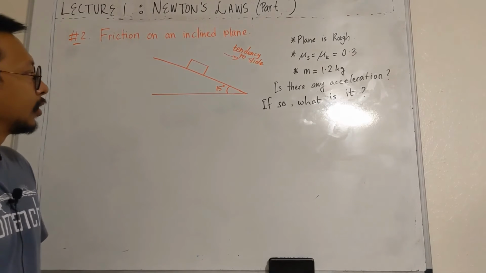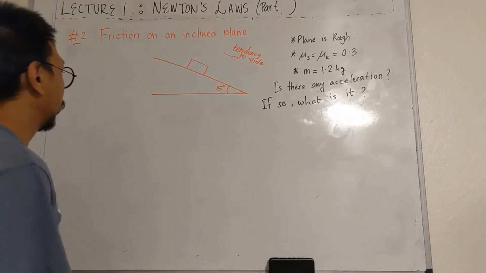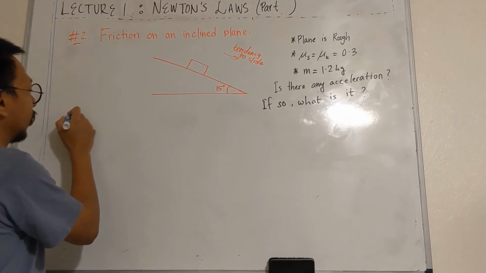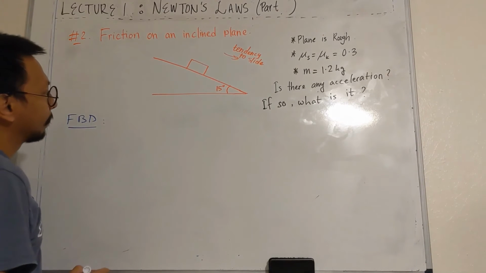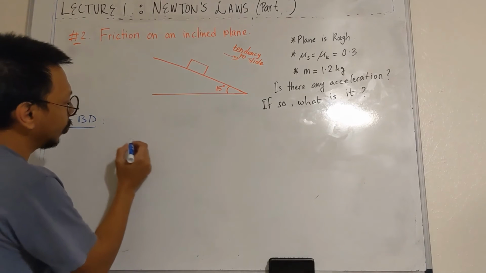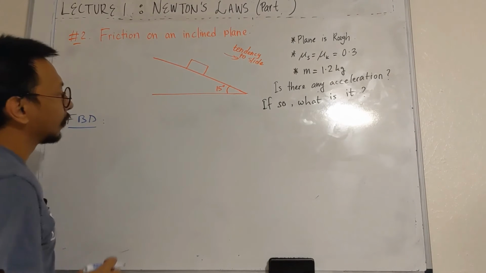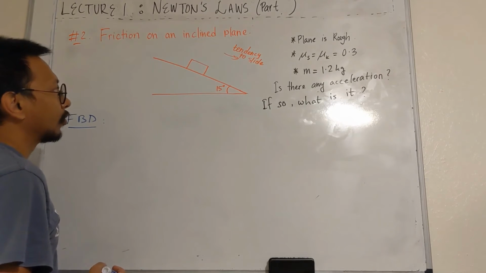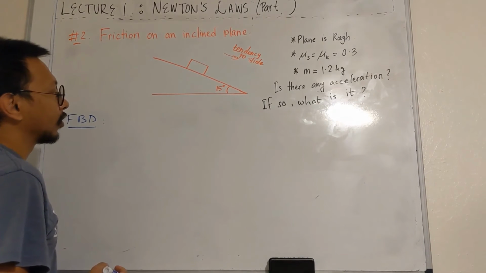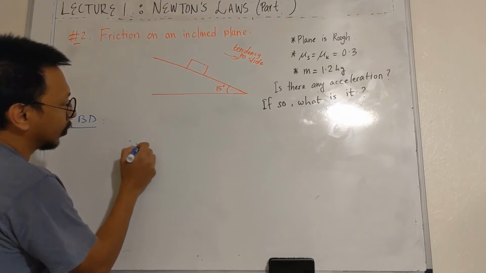All right. The first thing again we do is always draw the free body diagram. Let's start with that. Now we will use the concepts that we learned of how to set up all the forces on an incline.